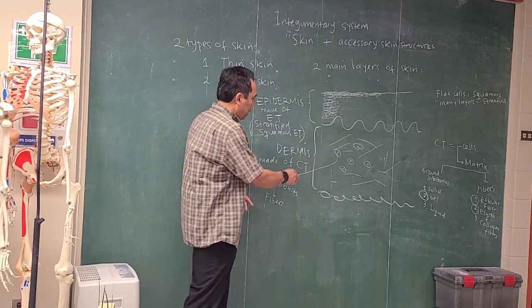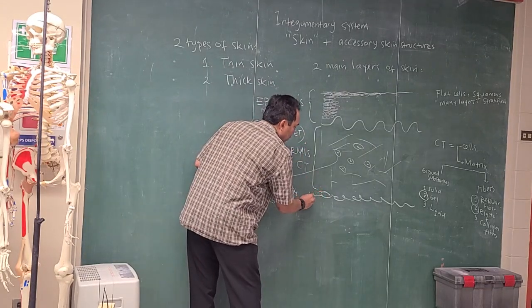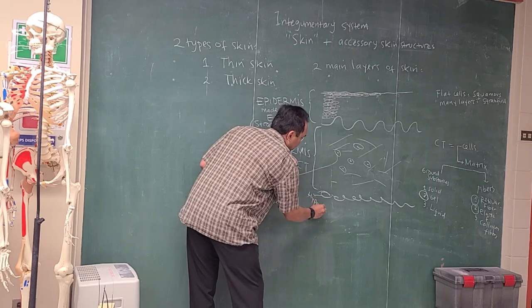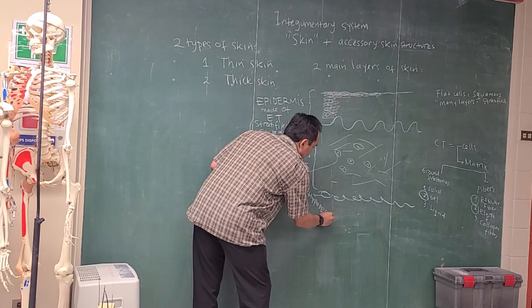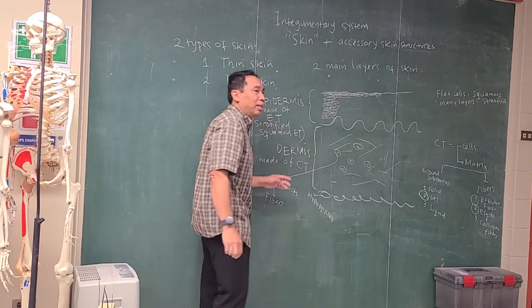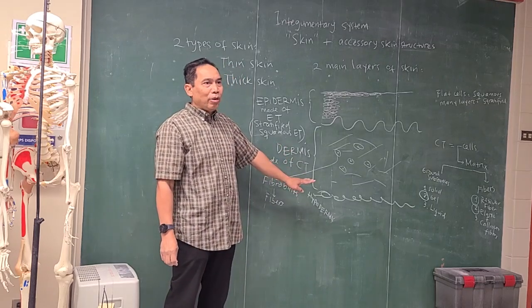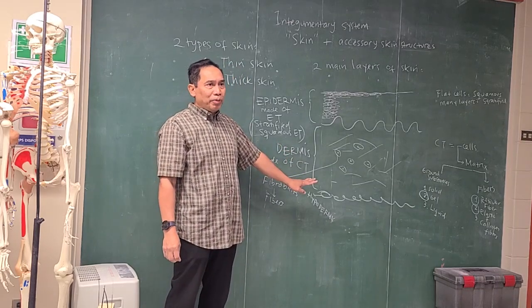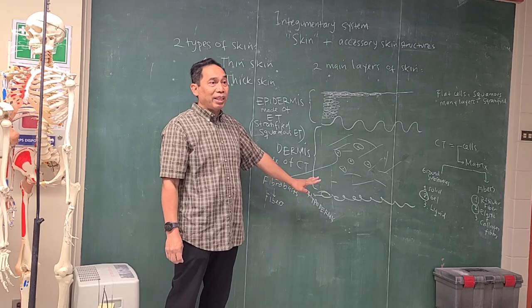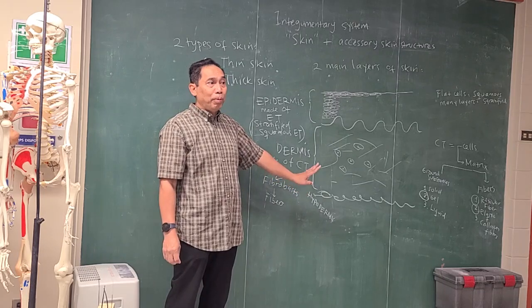Okay. Under the dermis there is a layer. It's called the hypodermis. However, this layer is not part of the skin, but we put it there. Hypodermis mostly consists of another type of connective tissue, which is fat tissue. It's called the adipose.